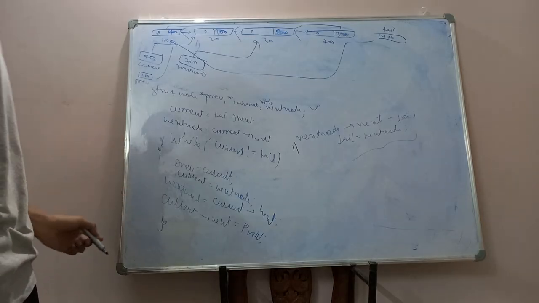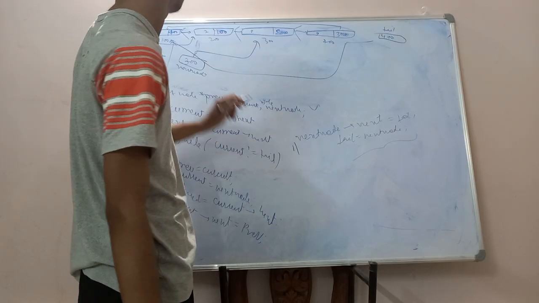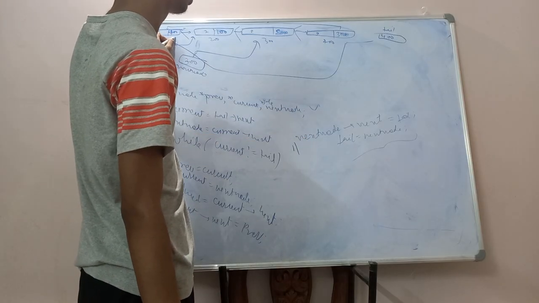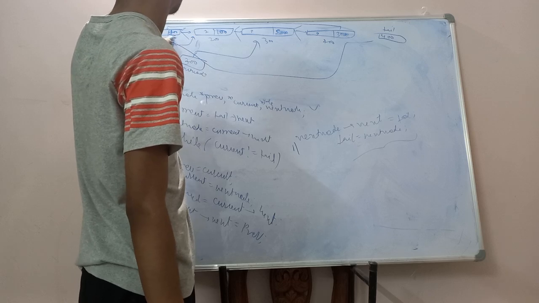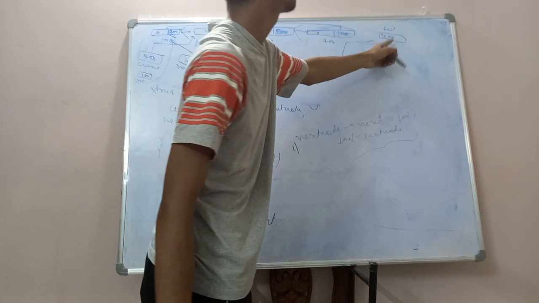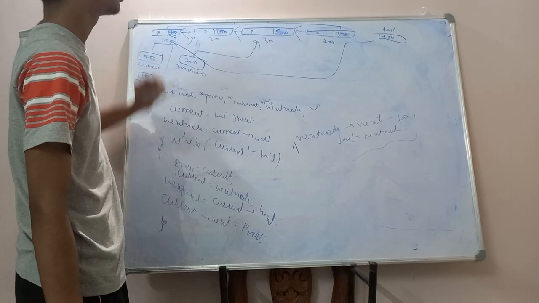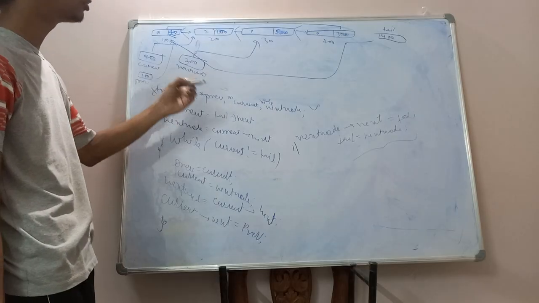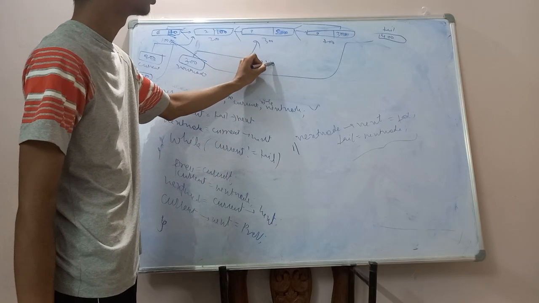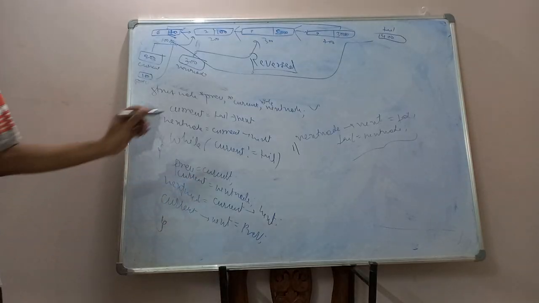So next node's next will go here, and tail is pointing here. Because this was 400, this is stored here using my next node accessing this value. So it became 400, and this is now the reversed circular linked list. So this is all for today.